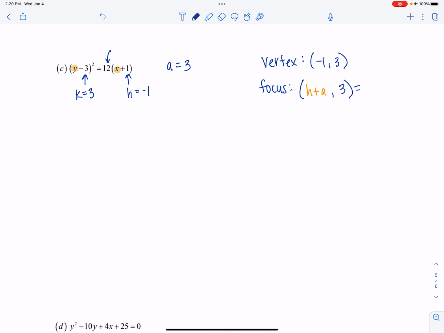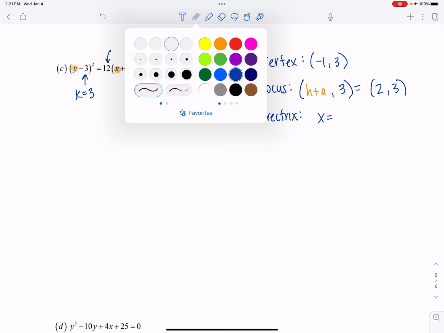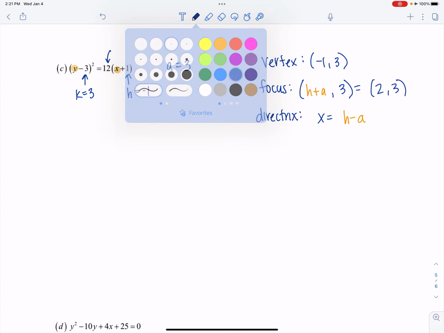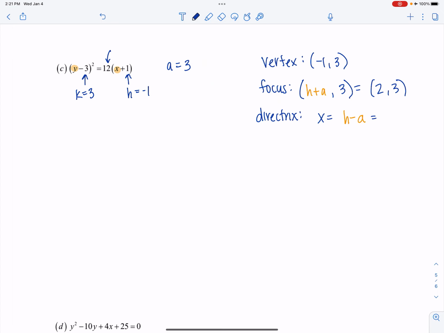H plus a gives us (2, 3), and our directrix gives us x equals, and this time we're looking at h minus a, which would be -4 if we take our h minus a.